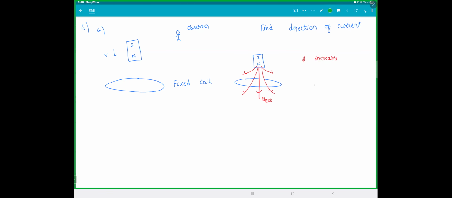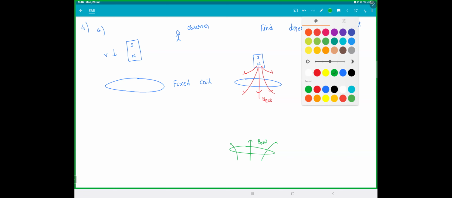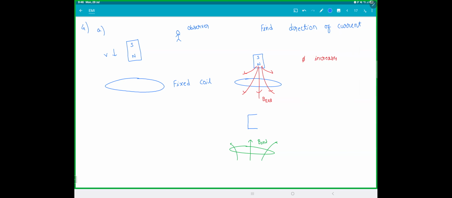So the coil will generate a field in the opposite direction. Both should oppose. So B induced opposes B external.